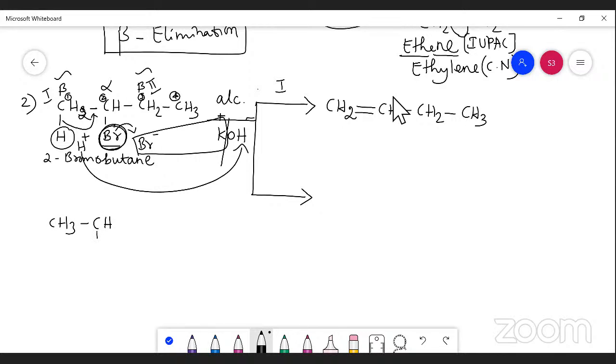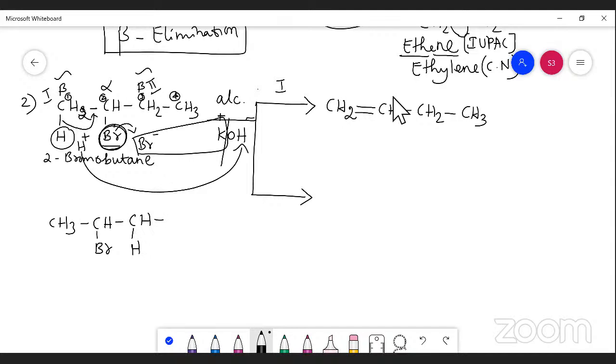CH, second carbon with Br, and this carbon CH2. We'll split that CH2 as C H H, just splitting it.